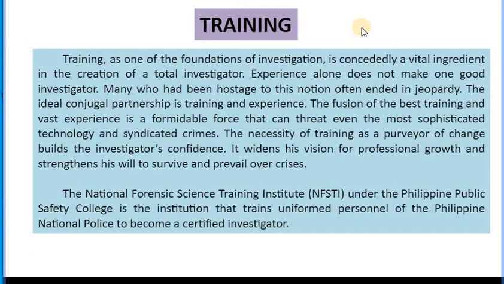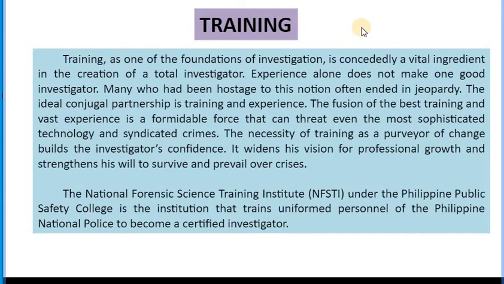The necessity of training as a purveyor of change builds the investigator's confidence. Diba? Kapag marami kang alam at napag-aralan mo yan, mabibuild mo yung confidence mo sa sarili mo, kayang-kaya mong isolve yung crime na yan. It widens his vision for professional growth and strengthens his will to survive and prevail over crisis.